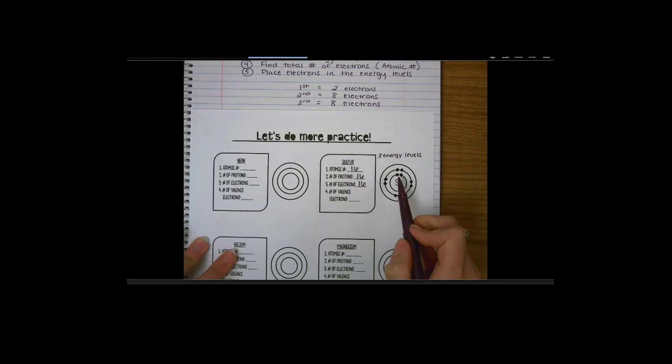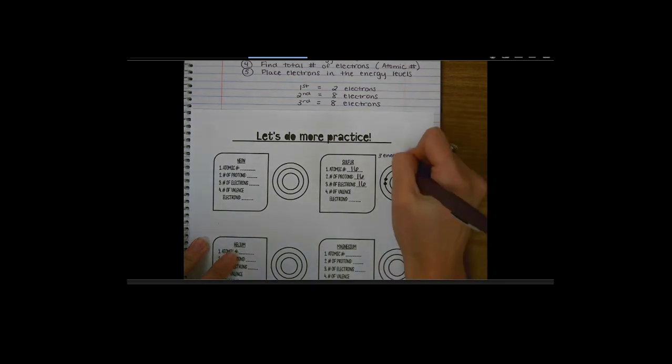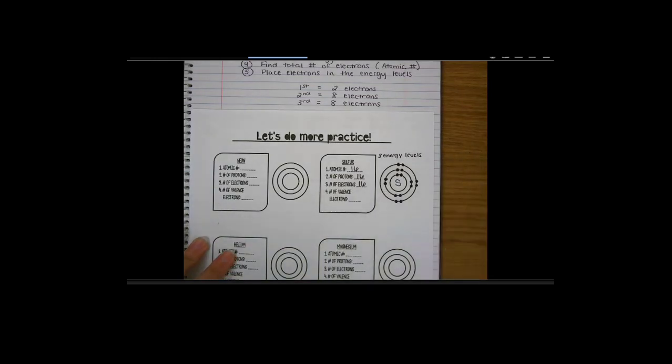So now we have 1, 2, 3, 4, 5, 6, 7, 8, 9, 10. And we still have 6 more to place. Those are going to go in the third. So I have 1, 2, 3, 4, 5, 6. I always count at the end to make sure that I have the correct total of 16. So count to make sure that you have the correct total of 16.